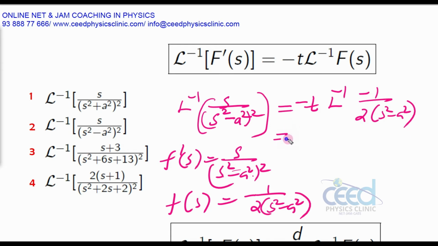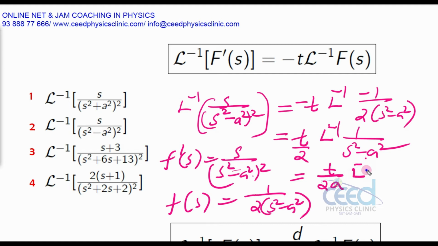So this is equal to, minus and minus cancel, t by 2 into the Laplace inverse of 1 by s square minus a square. Suppose I am dividing t by 2 with 1a, the Laplace inverse of a by s square minus a square.